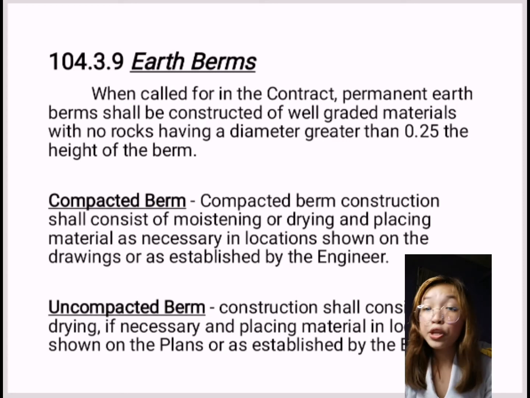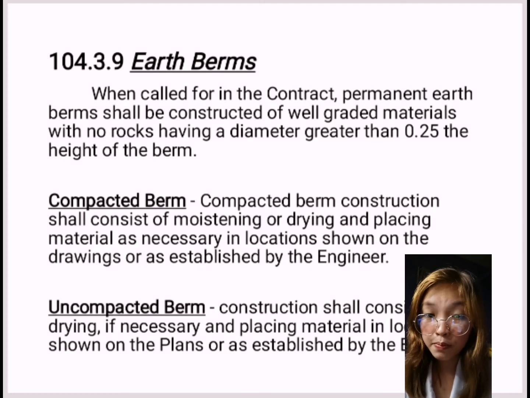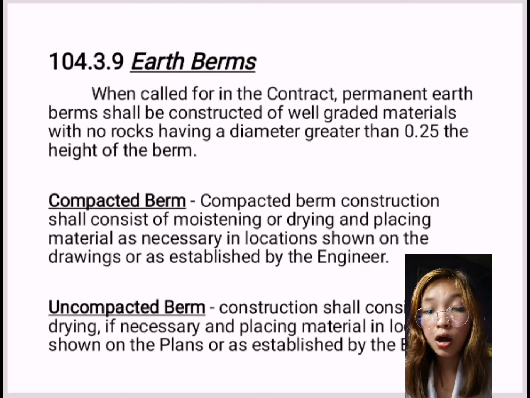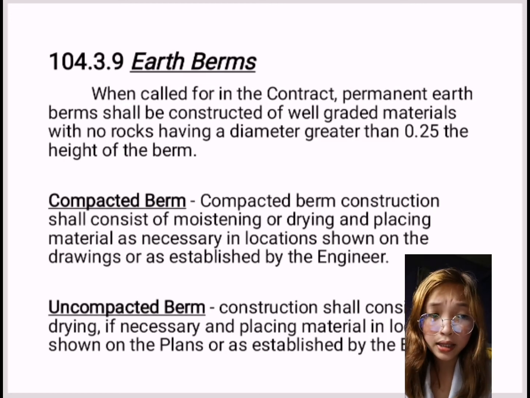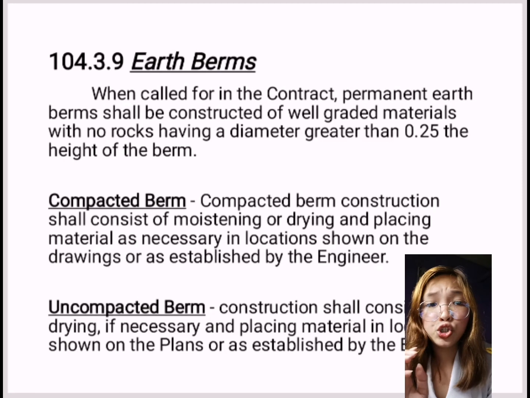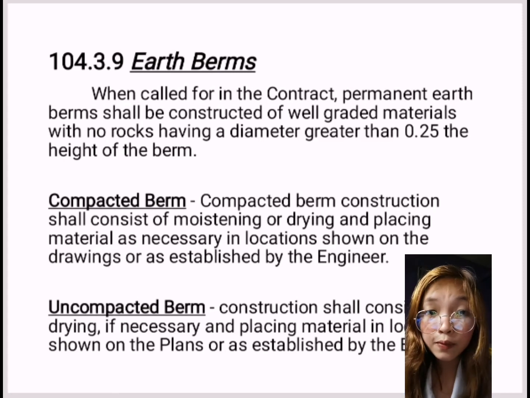So, under the earth berms is the compacted berms. So, compacted berm construction shall consist of moistening or drying and placing material as necessary in locations shown in the drawings or as established by the engineer. So, material shall contain no frozen material, roots, sod, or other deleterious material.